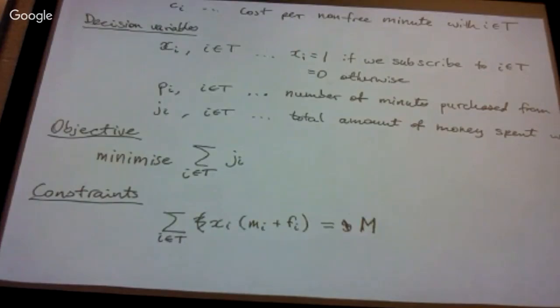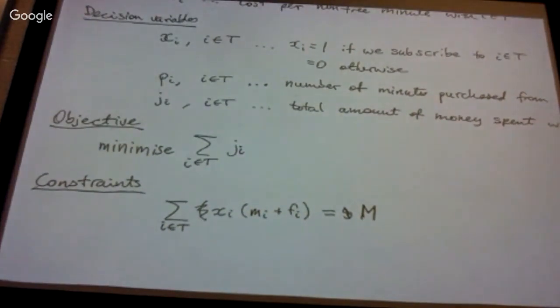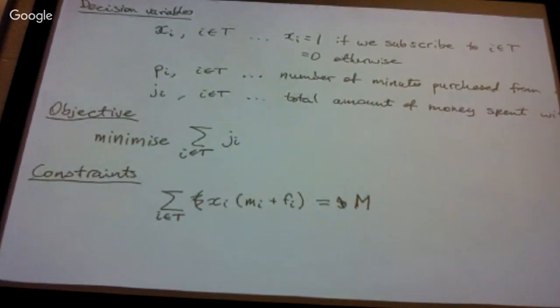So what does that mean? What's the purpose of this constraint? The total of all purchased minutes is equal to 500. That's what's required.